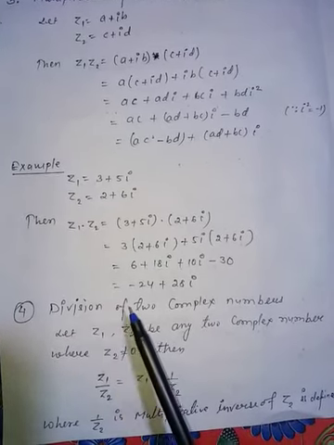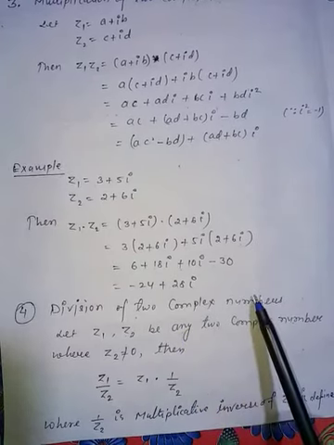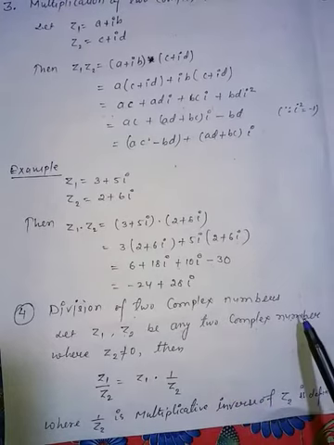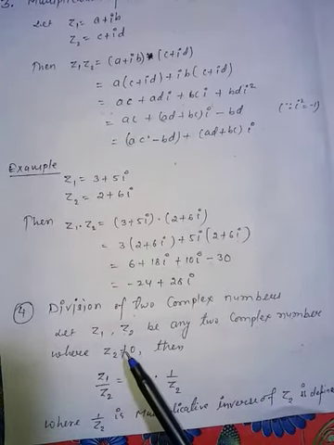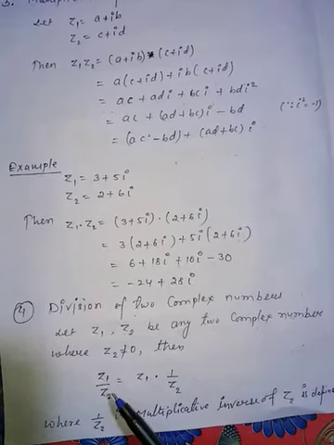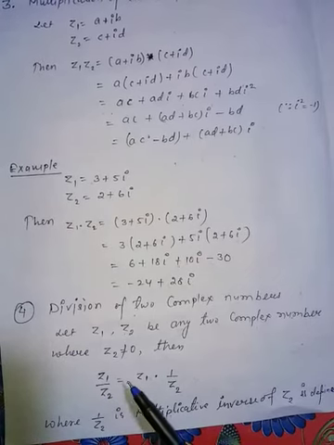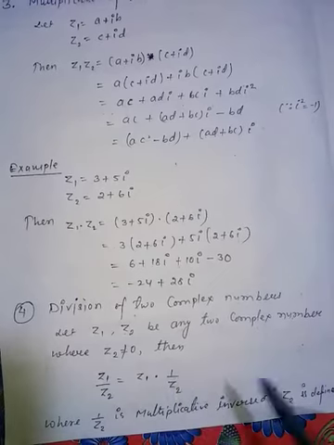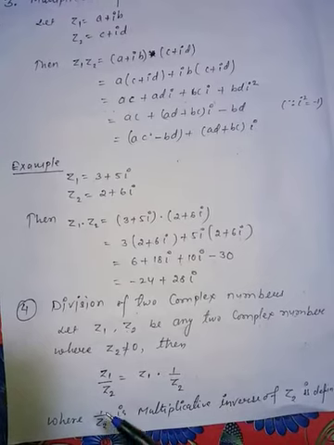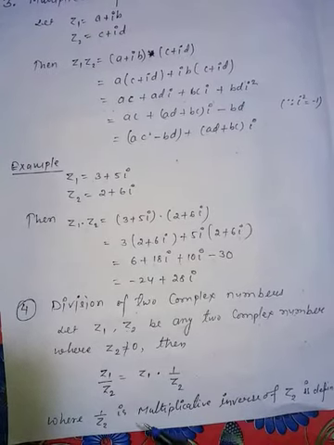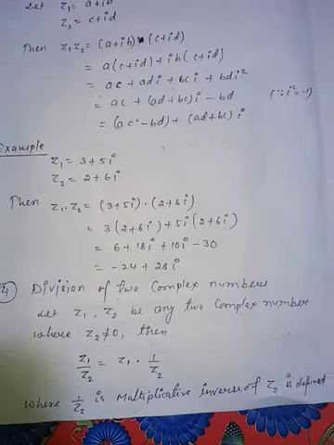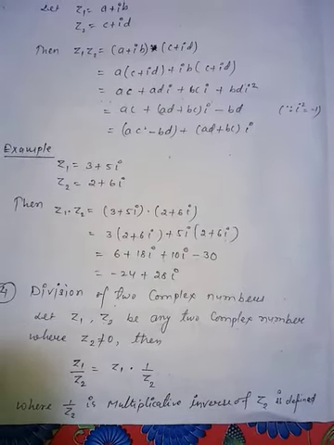Next is division of two complex numbers. Let z1, z2 be any complex numbers where z2 is not equal to 0. Then z1 by z2 is equal to z1 into 1 by z2, where 1 by z2 is the multiplicative inverse of z2.